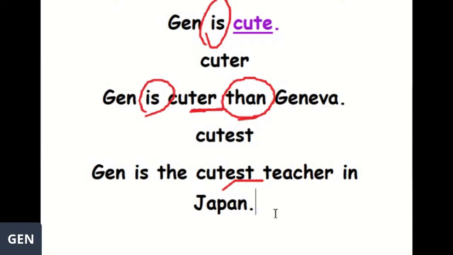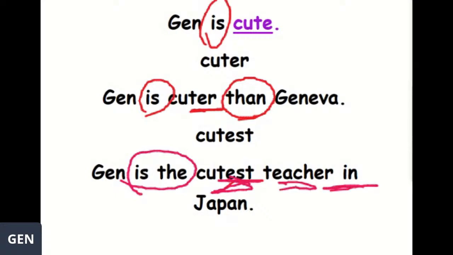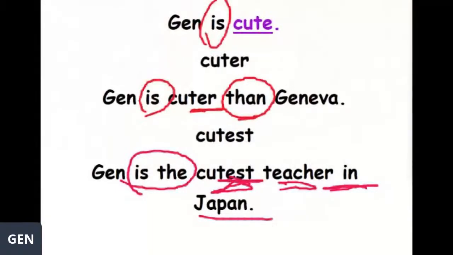I'm the cutest. So take note, is the and cutest, teacher. And then all over Japan. I'm actually talking about many. All Japan. I'm the cutest. And then for the first one, only one, right? So only one person.